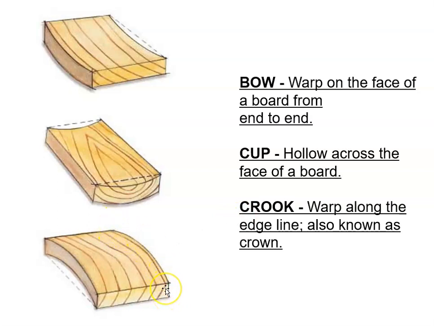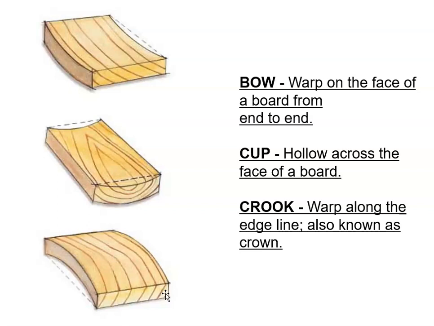And all the crooks in a wall would all be facing in one direction. So that way, when the drywall comes to be installed, it is not being pushed in and out. If one crook is facing the exterior of the house and then the stud next to it, the crook is facing the interior of the house, it's going to stress the drywall. So that is why carpenters will put all the crooks facing in the same direction.